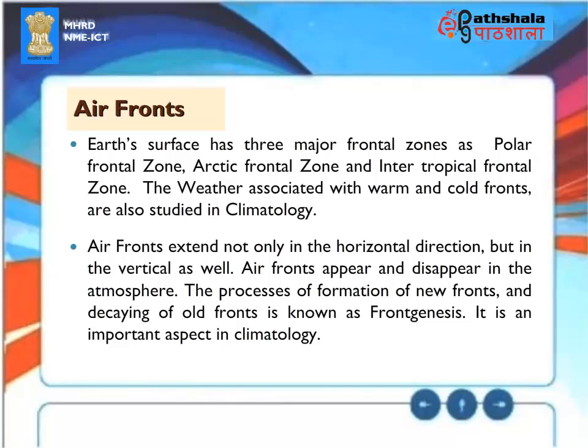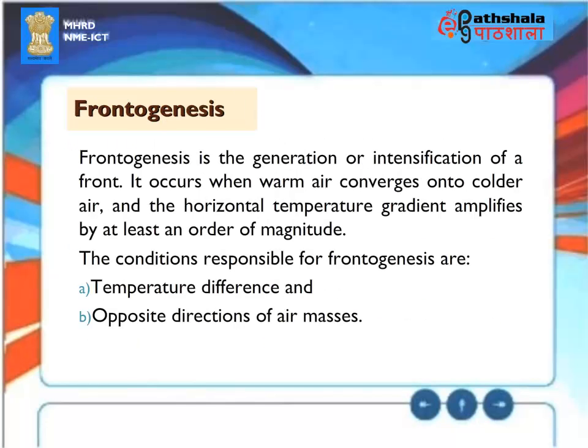Air fronts extend not only in the horizontal direction but in the vertical as well. Air fronts appear and disappear in the atmosphere. The processes of formation of new fronts and decaying of old fronts is known as frontogenesis. It is an important aspect in climatology.